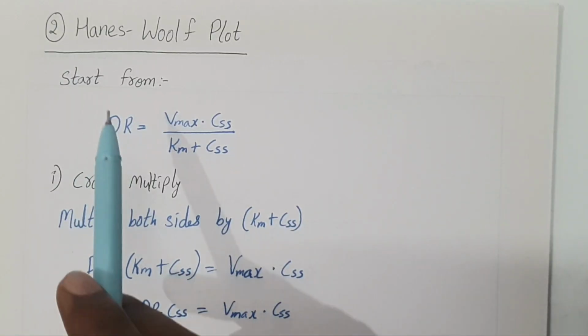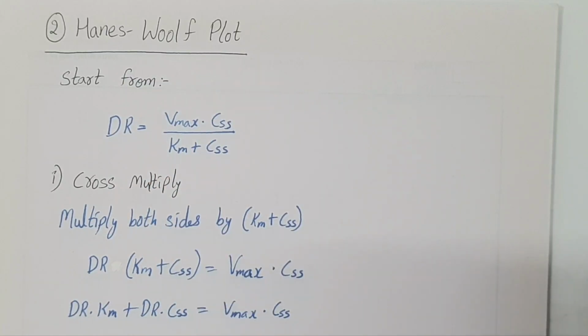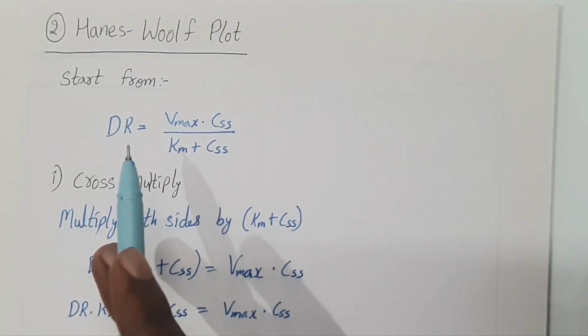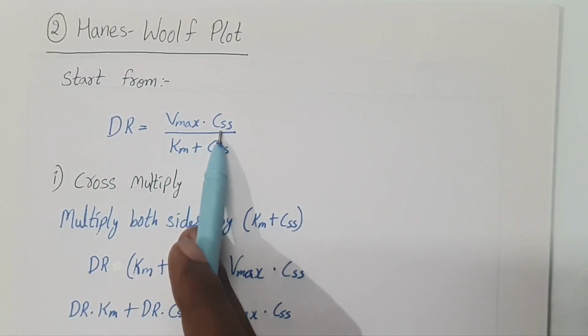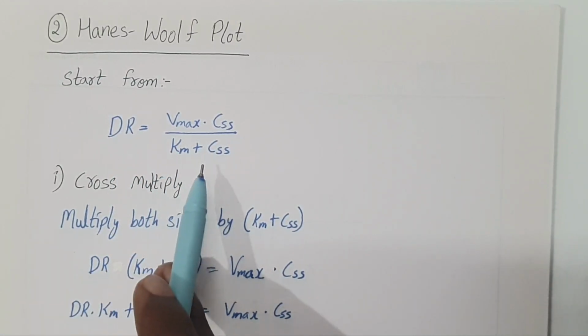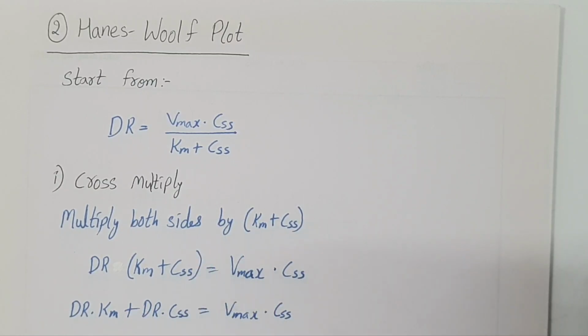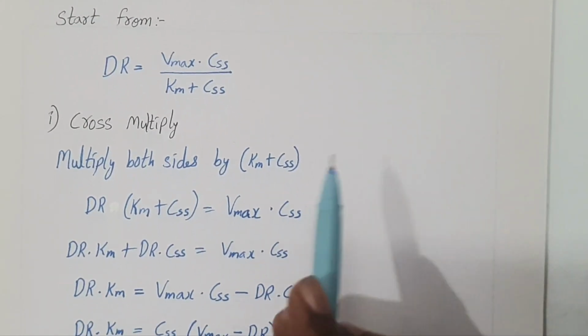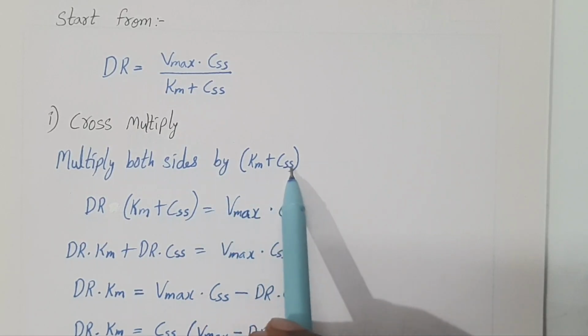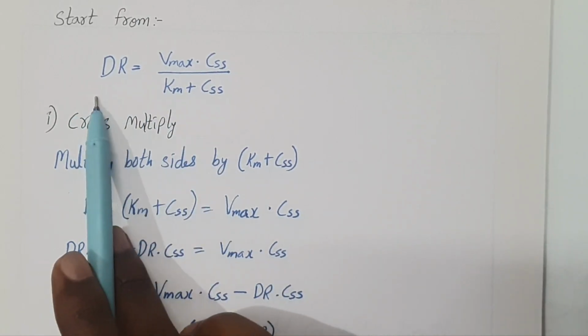Our second method is the Hanes-Woolf Plot. In this method also we start with our equation DR equals Vmax into Css divided by Km plus Css. After that we multiply Km plus Css on both hand sides.